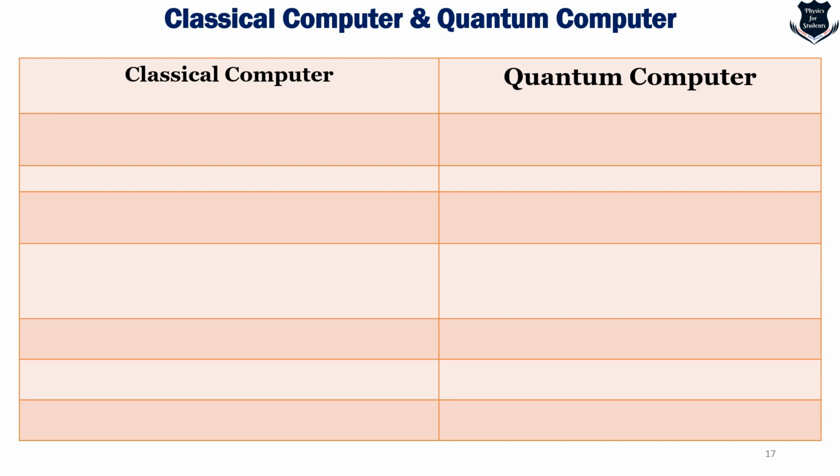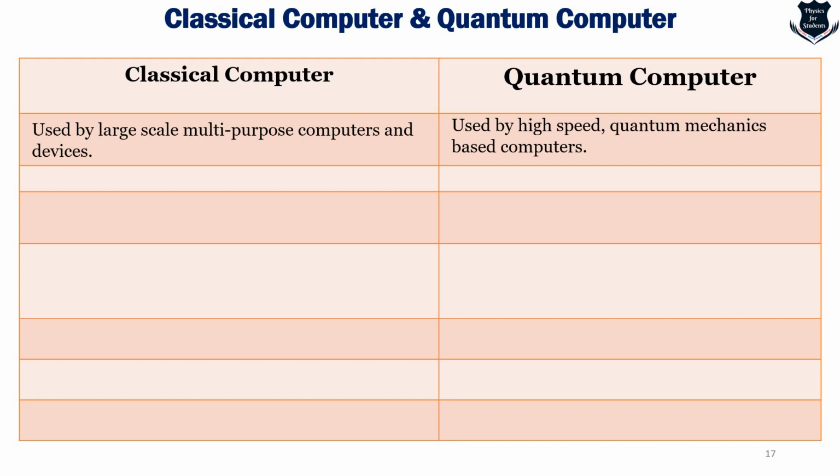Okay, now here we come to something very interesting. We will see a quick note on the difference between a classical computer and a quantum computer, and only then can we understand the power of a quantum computer. So you see, a classical computer is a large-scale multipurpose computer, whereas quantum computers use high-speed quantum mechanics-based computing.